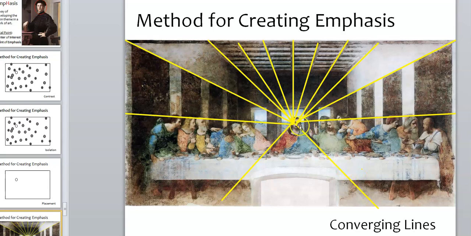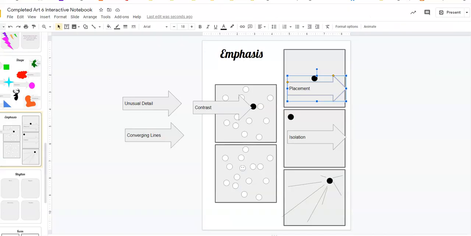He also has the isolation, like this distance here, like all of these people are crowded together. So there's a lot of different ways of creating emphasis used in this artwork. But we're focusing on the converging lines, the way that the tops of these panels connect together, the way the lines of the ceiling connect together. So if we pop back over here, these lines coming together at a point, that's converging lines.